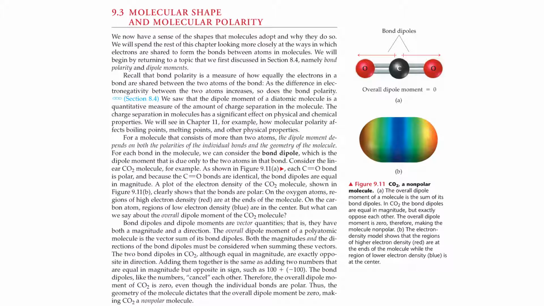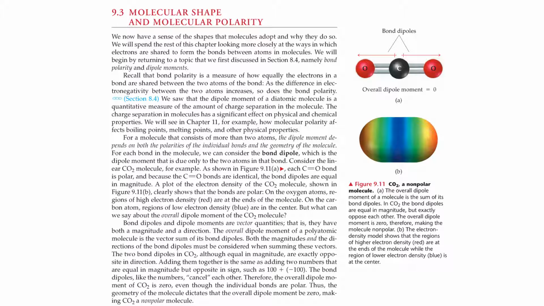But what can we say about the overall dipole moment of the carbon dioxide molecule? Bond dipoles and dipole moments are vector quantities. That is, they have both a magnitude and a direction. The overall dipole moment of a polyatomic molecule is the vector sum of its bond dipoles. Both the magnitudes and the directions of the bond dipoles must be considered when summing these vectors. The two bond dipoles in carbon dioxide, although equal in magnitude, are exactly opposite in direction.